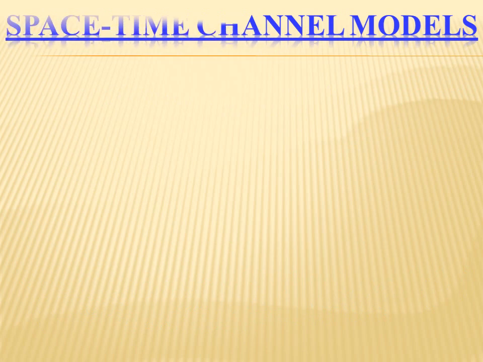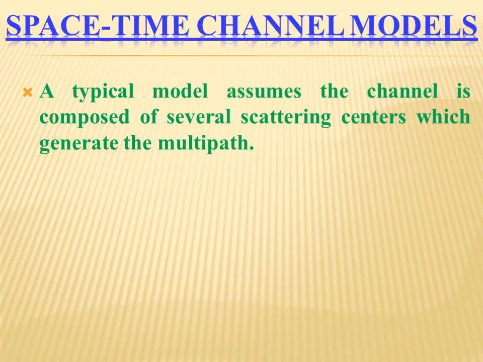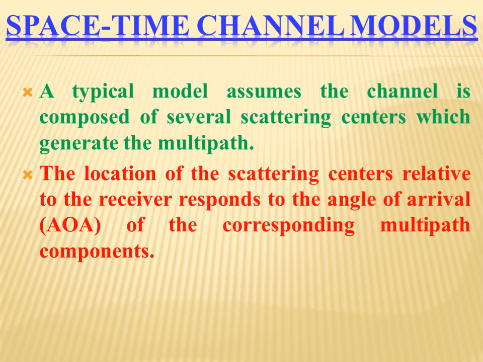Another model is the space-time channel model. Nowadays, multiple antennas at the transmitter or receiver are very common in wireless systems due to their diversity and capacity benefits. A typical model assumes that the channel is composed of several scattering centers which generate multiple paths.